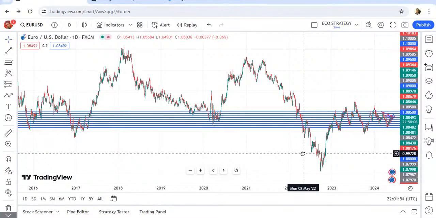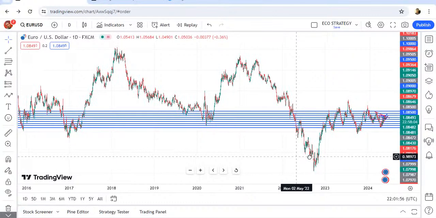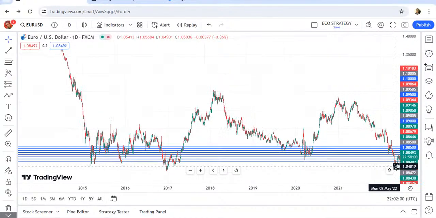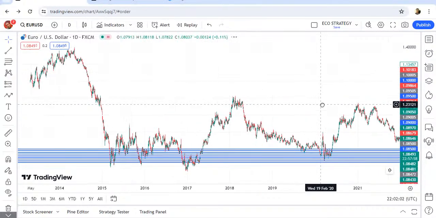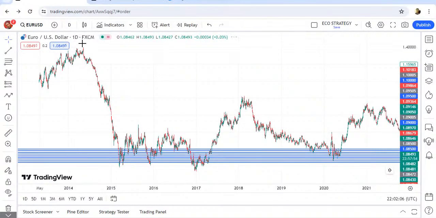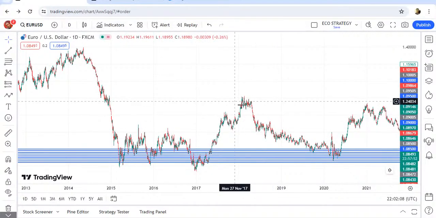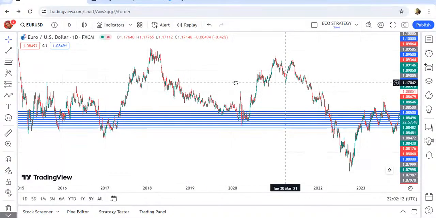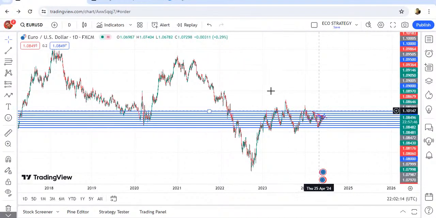This is what has been happening for the past how many years now? Where is the price going? You can see there is a higher high, lower high, lower high.